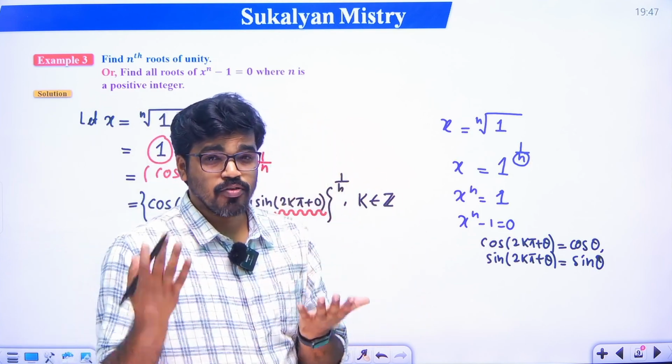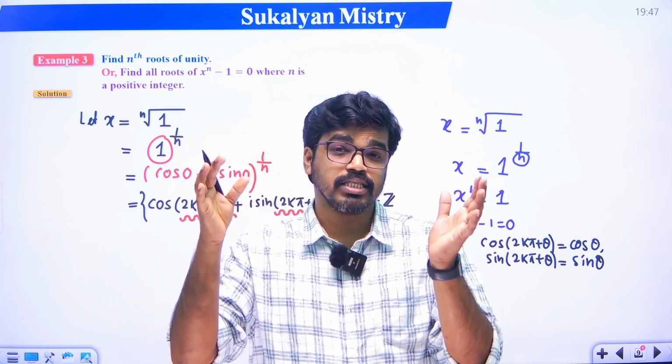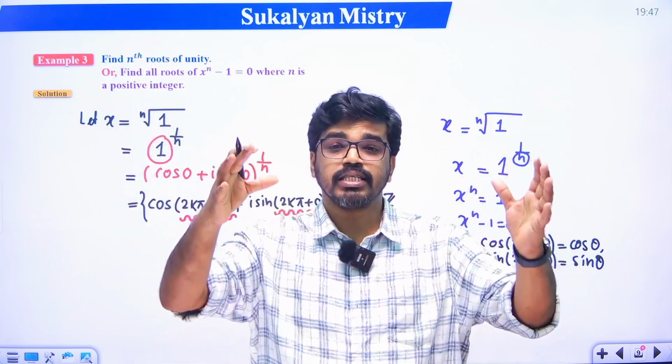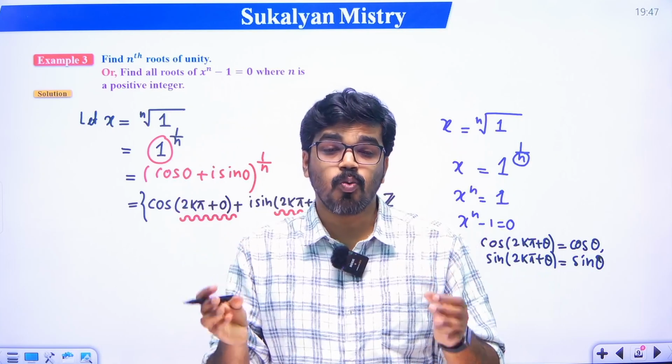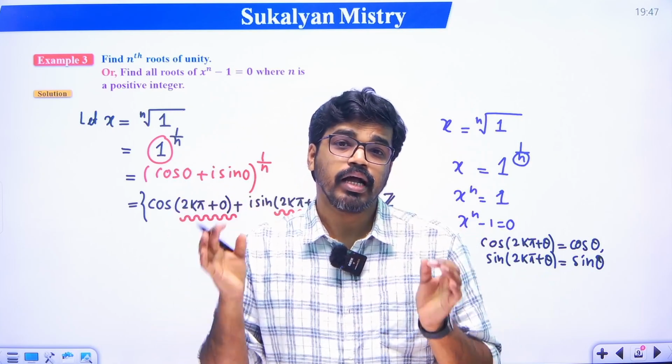Just apply De Moivre's theorem. When n is a proper fraction, cos n theta plus i sin n theta is one of the values of cos theta plus i sin theta whole to the power n.